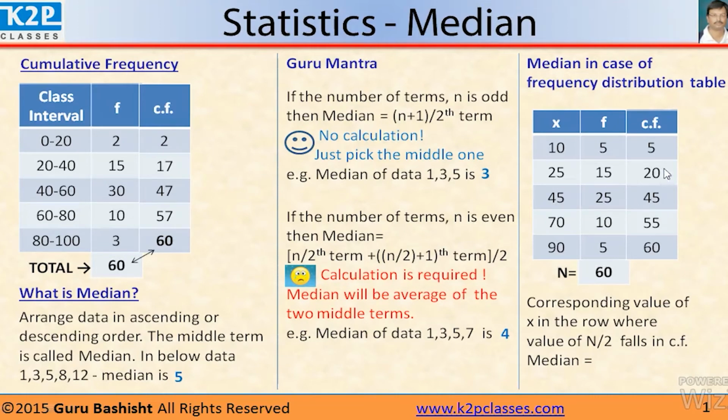Because the cumulative frequency of the second row is 20 and the cumulative frequency of the third row is 45. So 30 belongs to the third row. So the median for this particular frequency distribution is 45. Right?